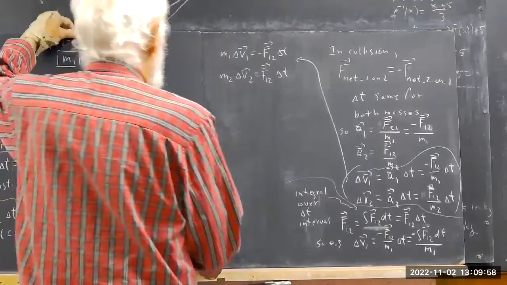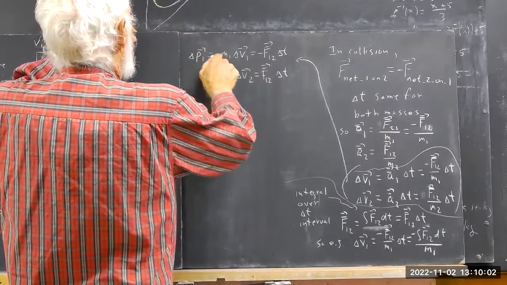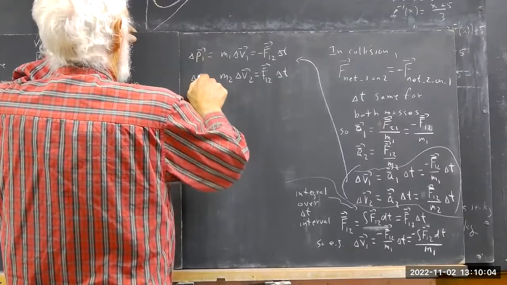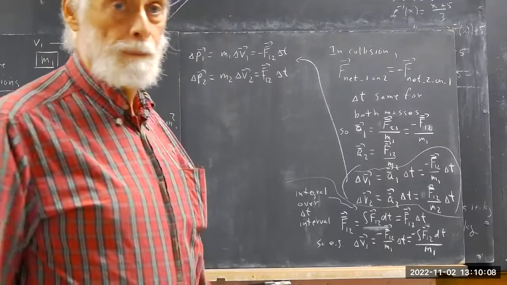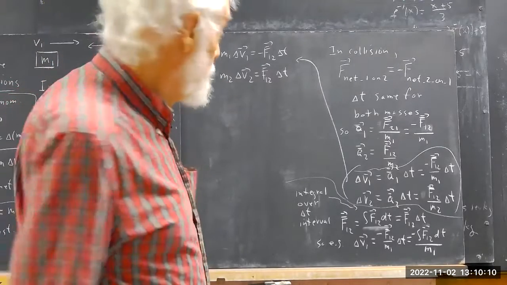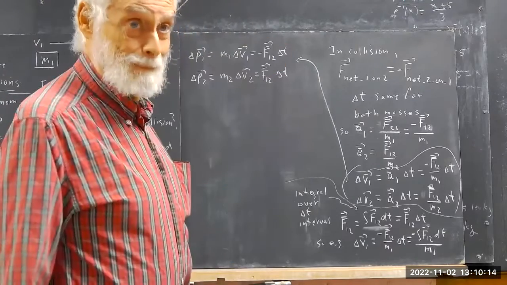So this is delta P1, and this is delta P2. And we notice these are equal and opposite.